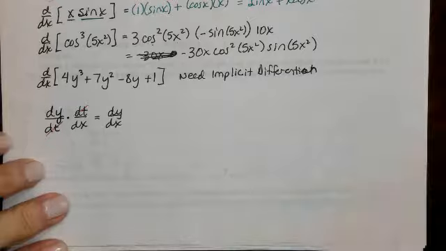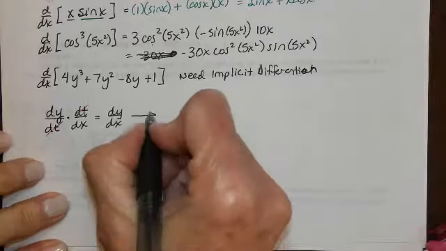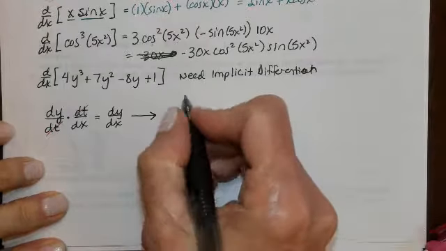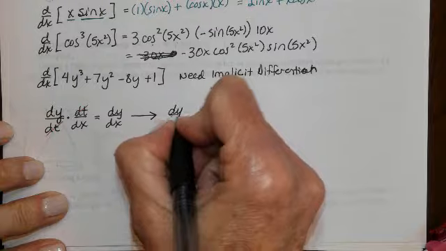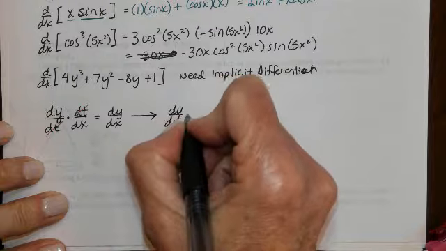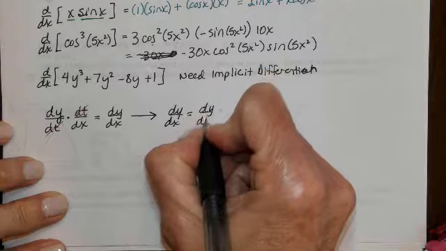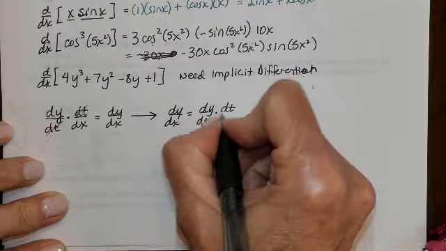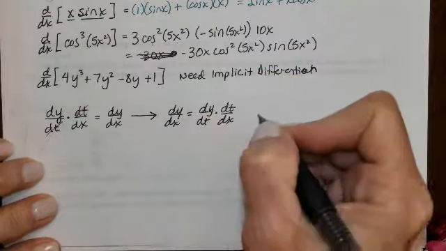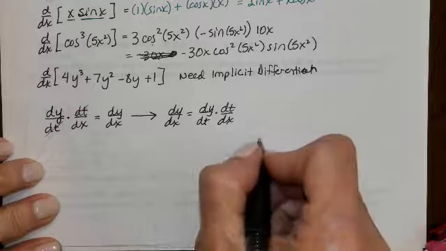So this tells us that if we're looking for dy dx and we have some other variables involved, dy dx is equal to dy dt times dt dx. Just writing it backwards.